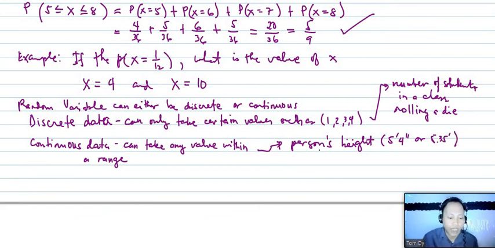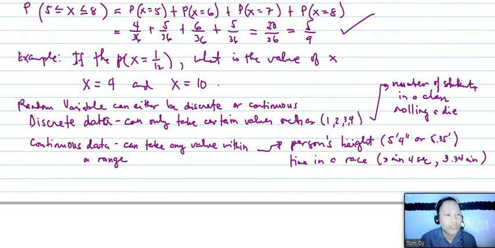And another example is, let's say, time in a race. So let's say 3 minutes, 4 seconds, or let's say 3.34 minutes.